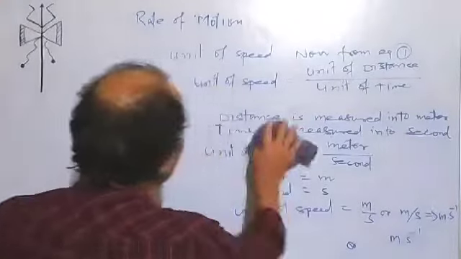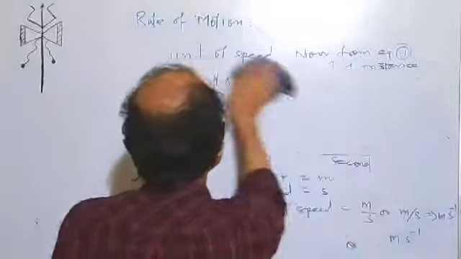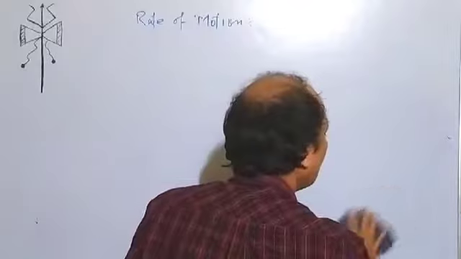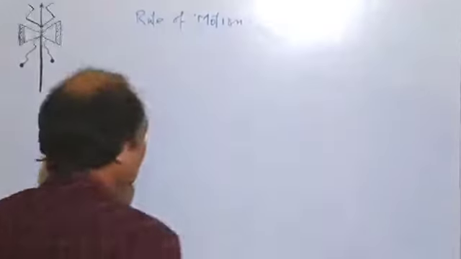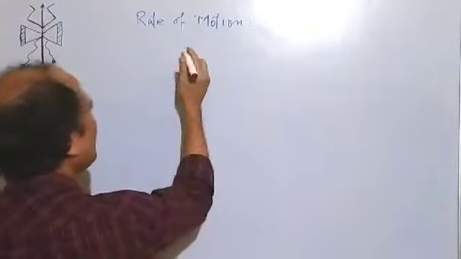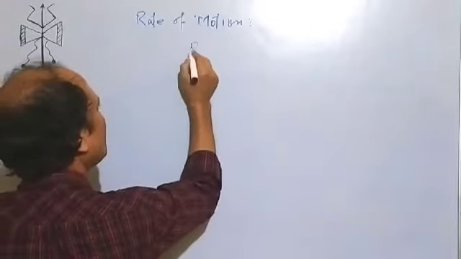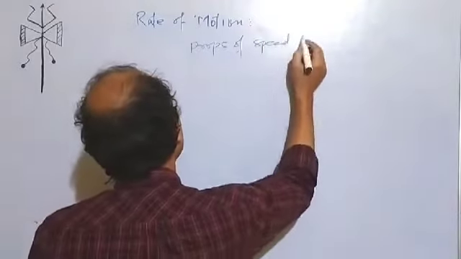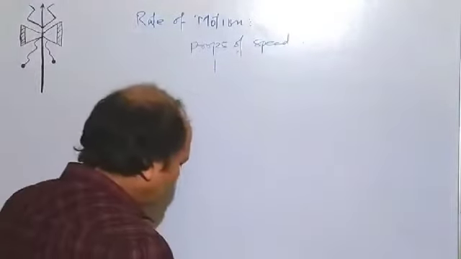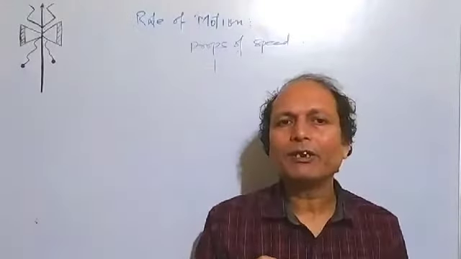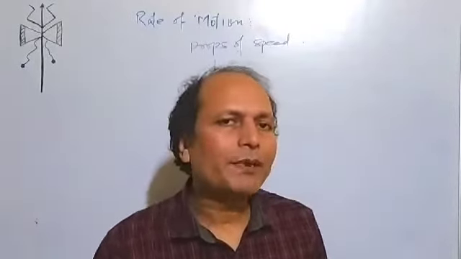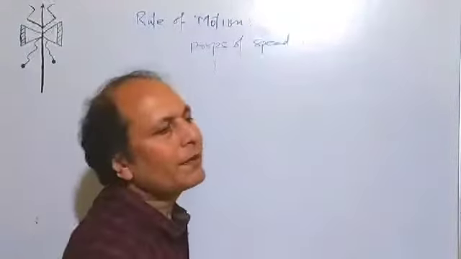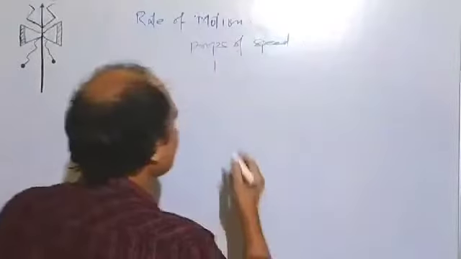Next, some properties of speed. Number one: for speed, we need only magnitude, no direction. So speed is a scalar quantity.